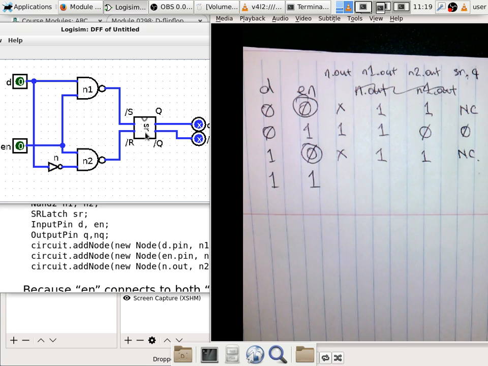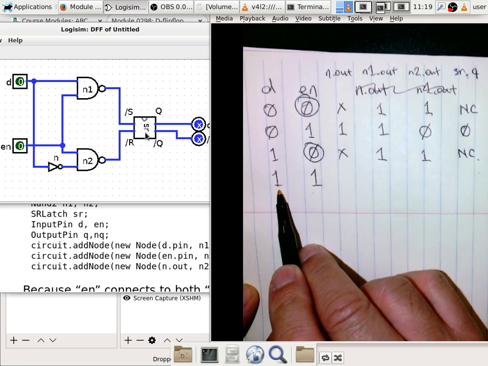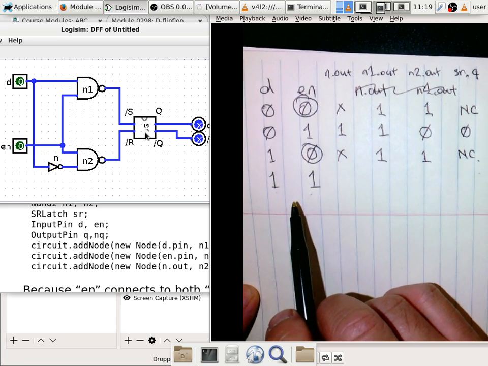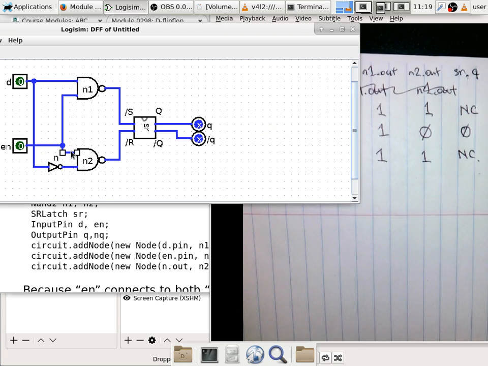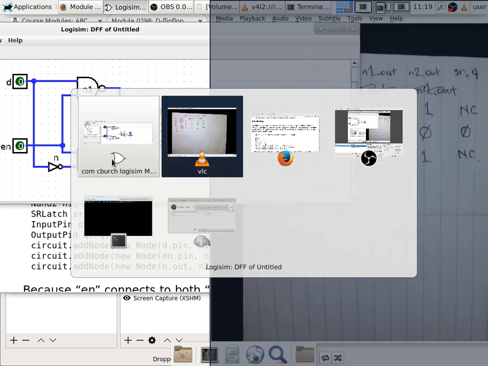Is that okay? The last row is having the enable turned on and data being 1. So when you have enable turned on, this input is going to be a 1, but since data is a 1, this negated 1 is going to be a 0. So N2 is the one that guarantees to have an output of 1 in this case.